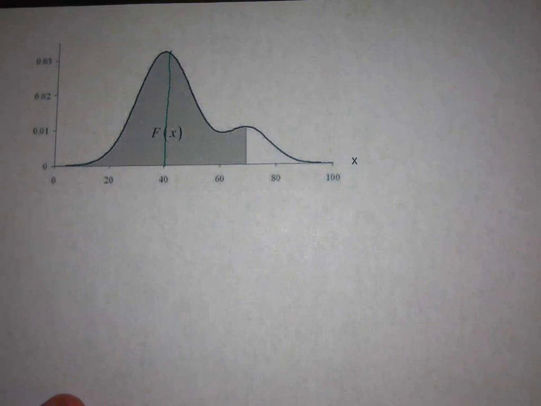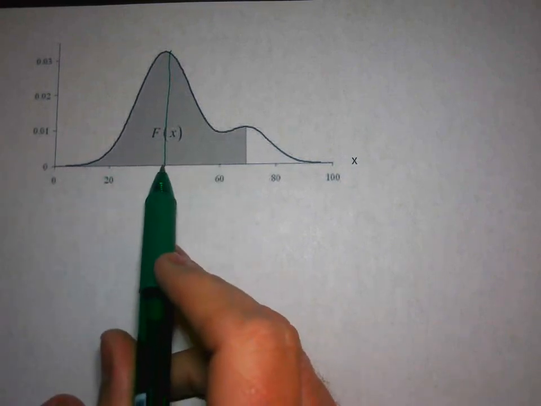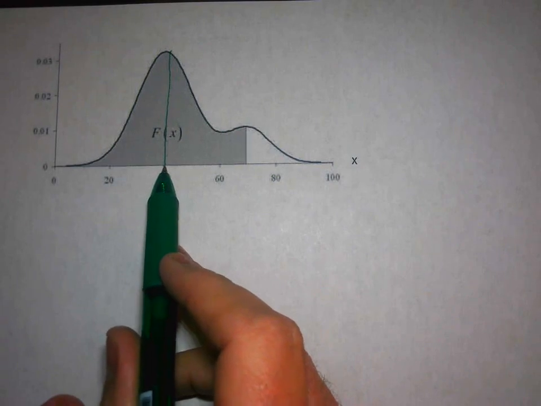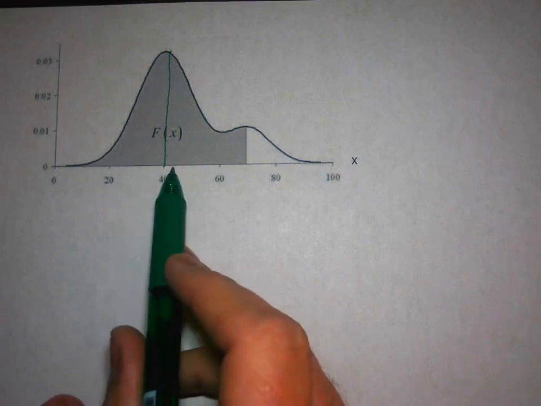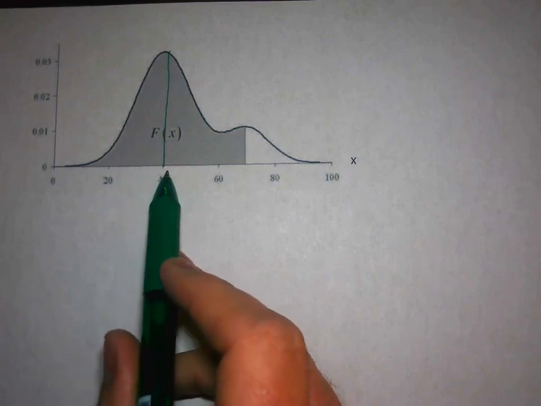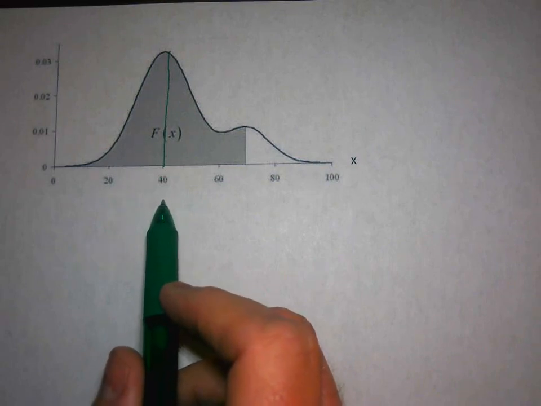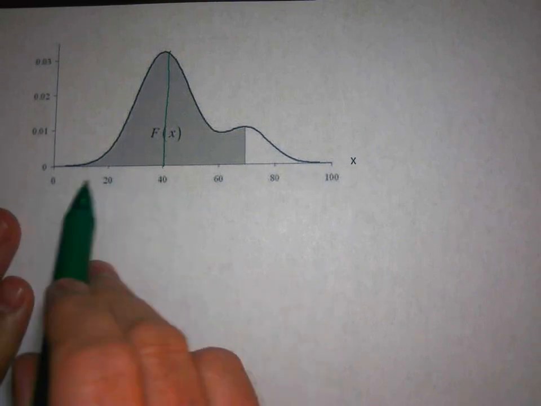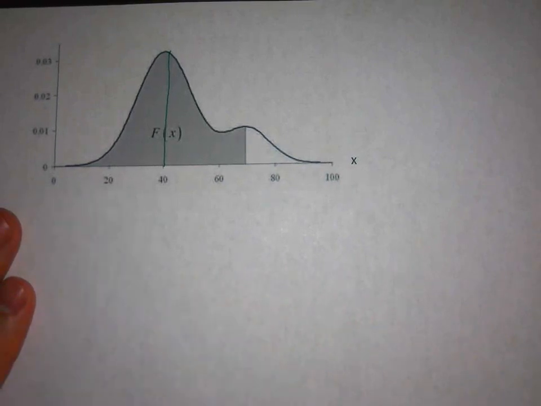That's because there's an infinite number of values on this graph: 40.01, 40.032, 40.0012, those are all values on this axis. So the probability of any single value occurring is actually 0, which is kind of weird, because the idea with a continuous random variable is it's the area on an interval.